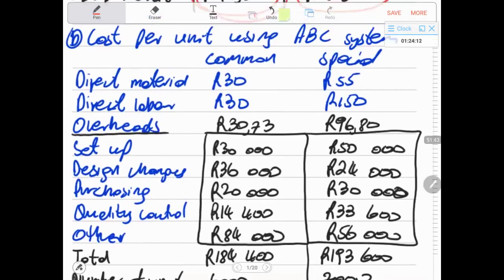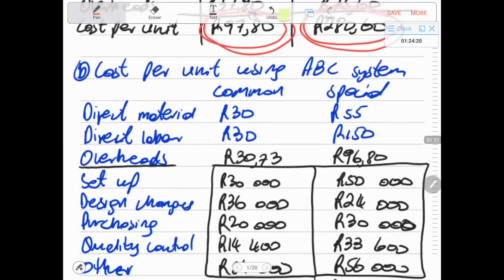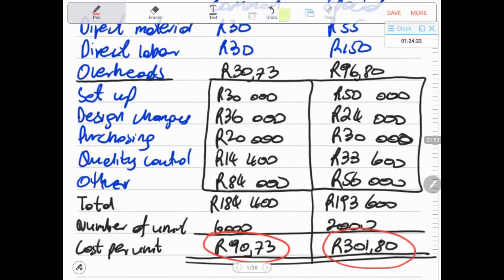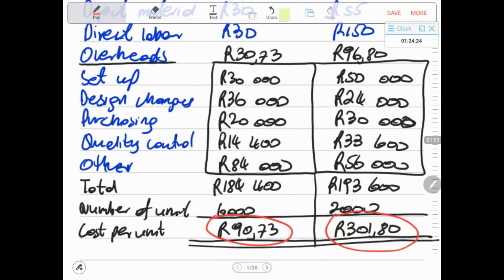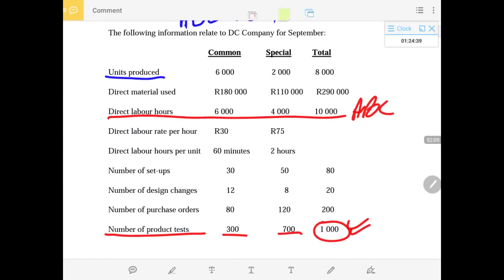So now meaning the traditional method is underestimating the cost per unit of product special, meaning the very close to accurate cost per unit of product special should be at around the 301 rand 80 cents. So now that is how we will normally do the comparison between these two methods. And now those were the two requirements that were required of us in this question.